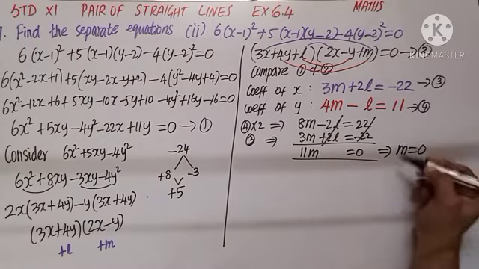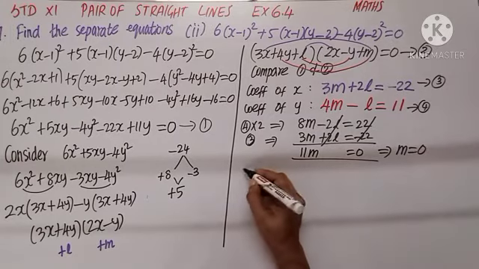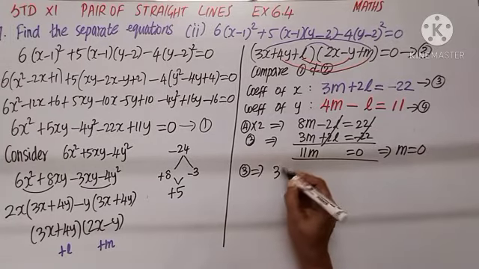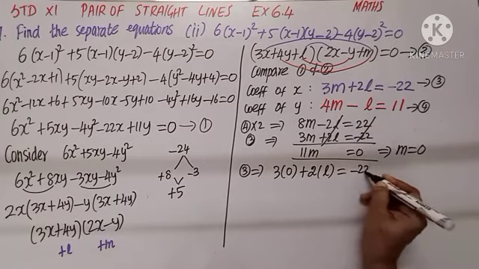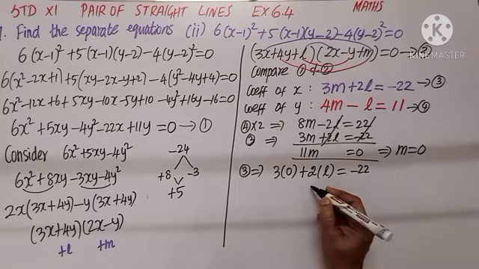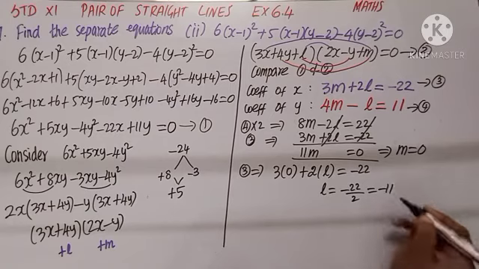Once I get the M value, put it back in 3 or 4. Let me substitute in the third equation: 3 into 0 plus 2 into L equals minus 22, or L equals minus 22 by 2, that is minus 11.